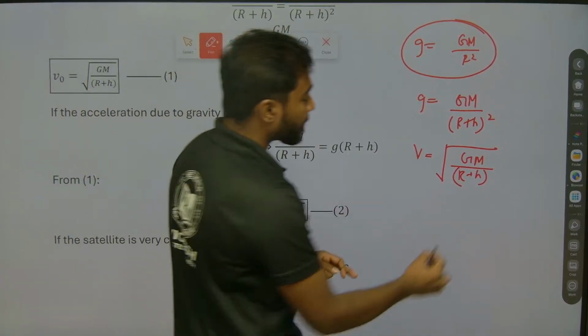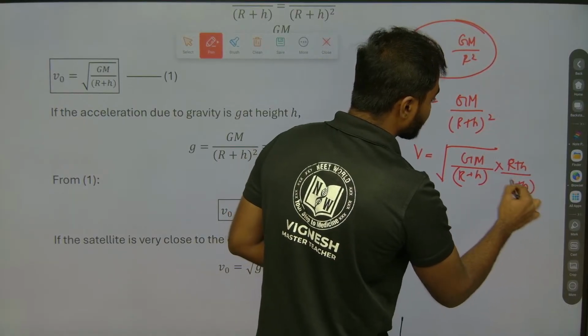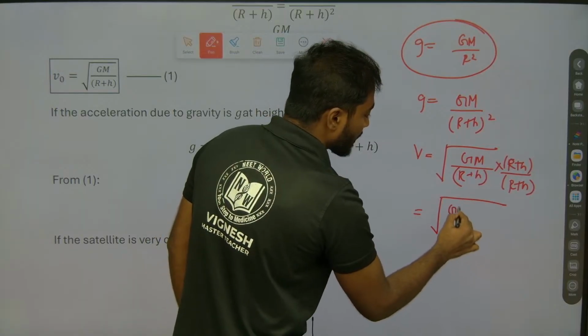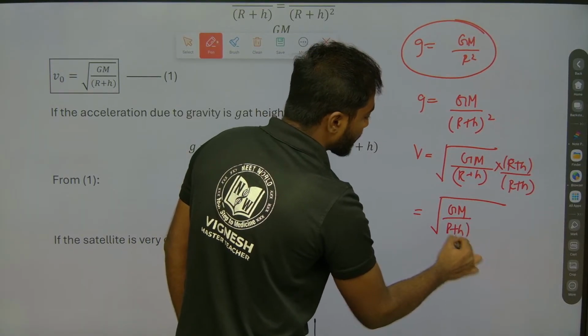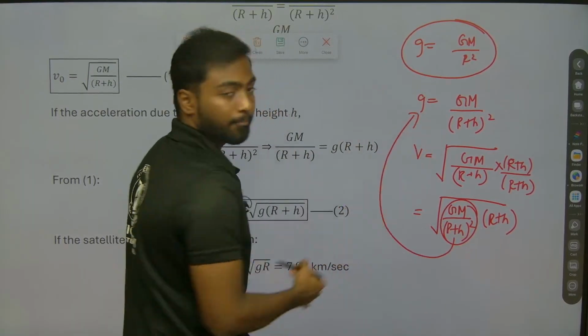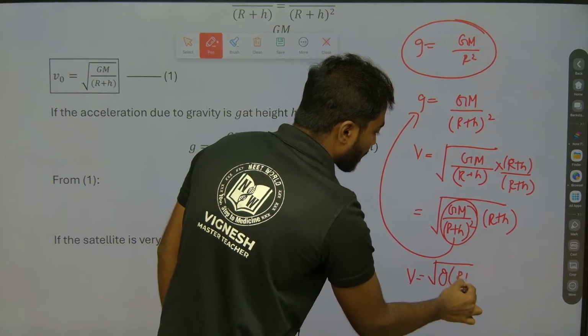Can I multiply this by (r plus h) by (r plus h)? What happens here? It is root over GM by (r plus h) the whole square into (r plus h). Is this looking similar to g? Yes. So v will be equal to root over g into (r plus h).